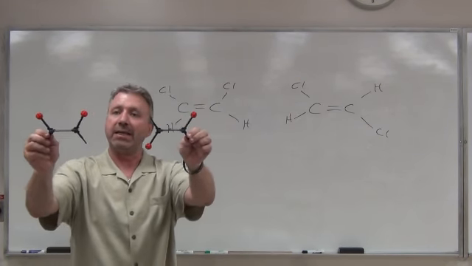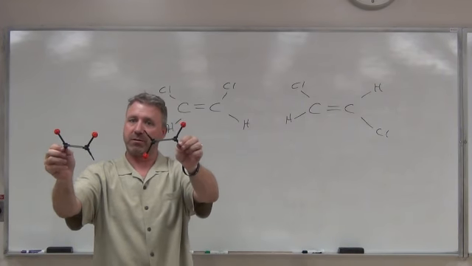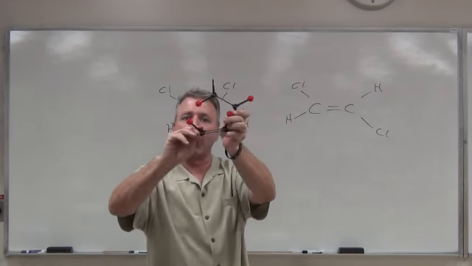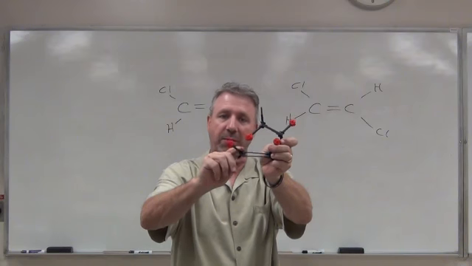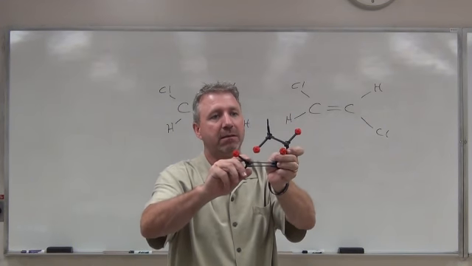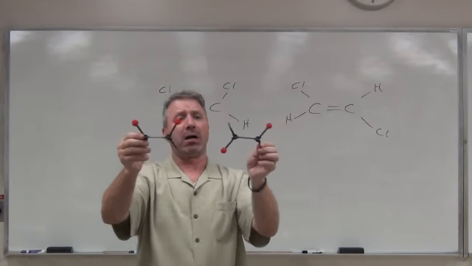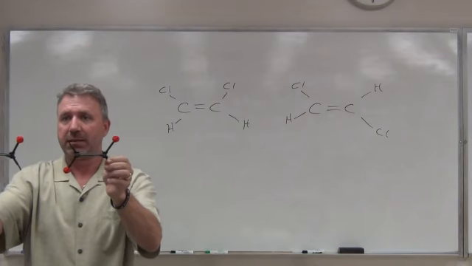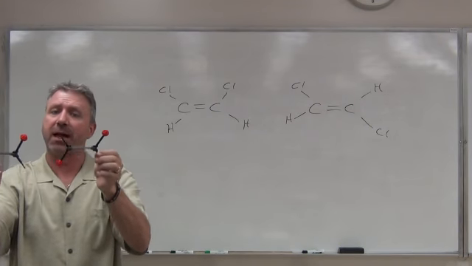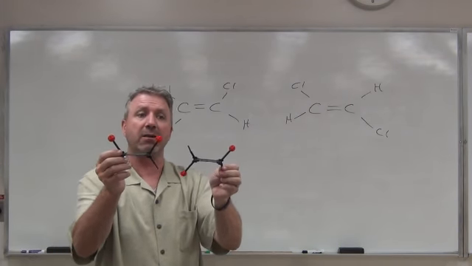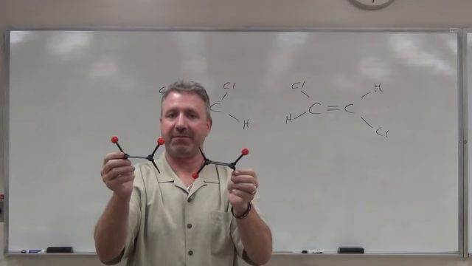The only thing I need to do to convert these two structures, one into the other, is simply rotate around the double bond. But I can't. The carbon-carbon double bond does not have free rotation and therefore divides the molecule into two halves.